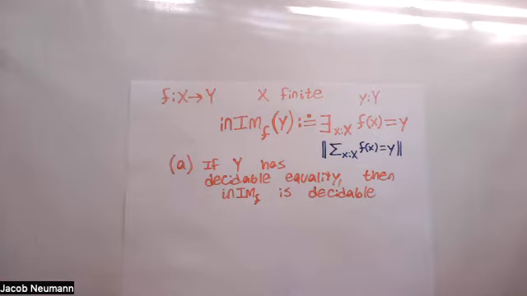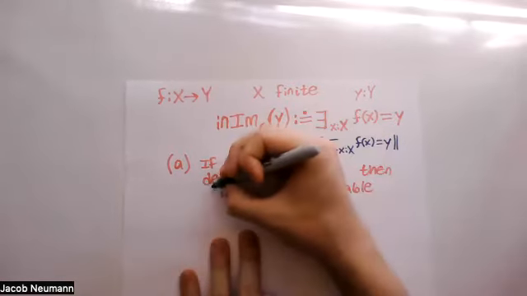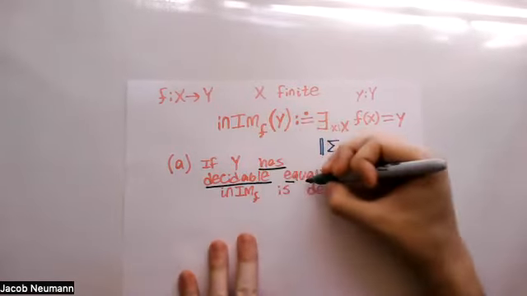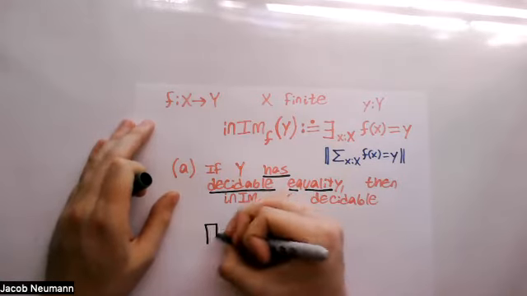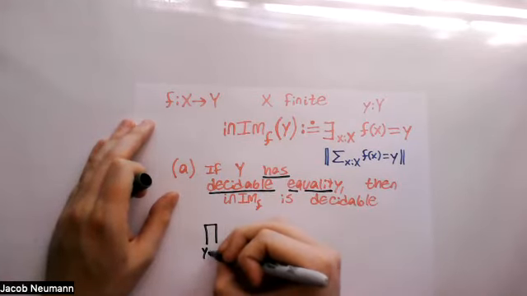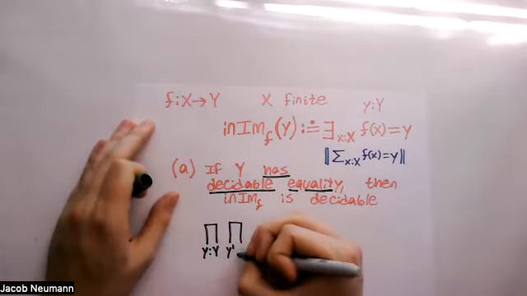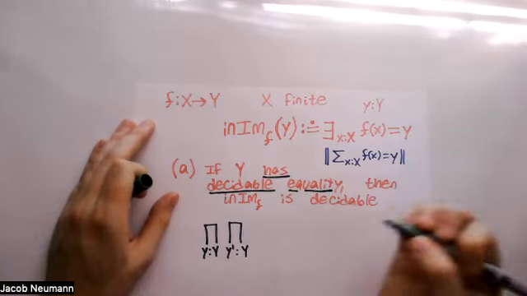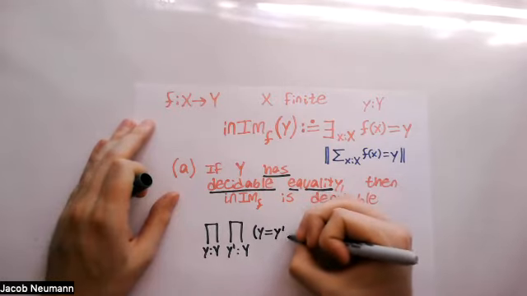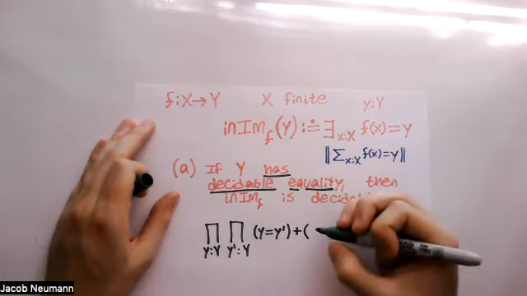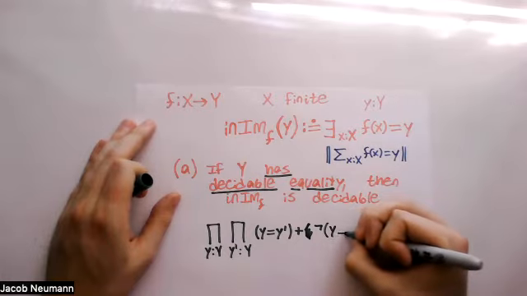What it means to have decidable equality is that for every little y in Y and every y prime in Y, we either have y equals y prime, or we have a proof of not y equals y prime.